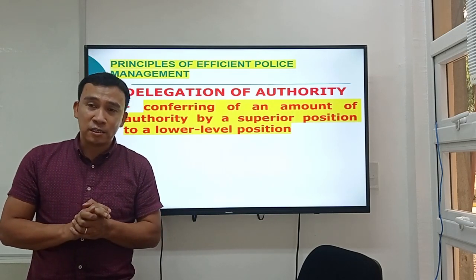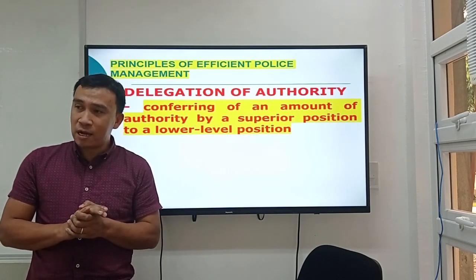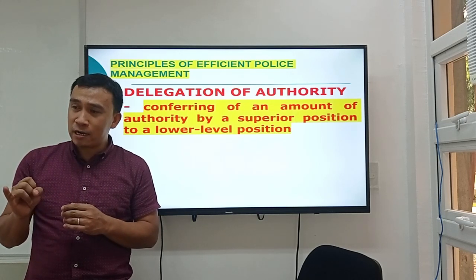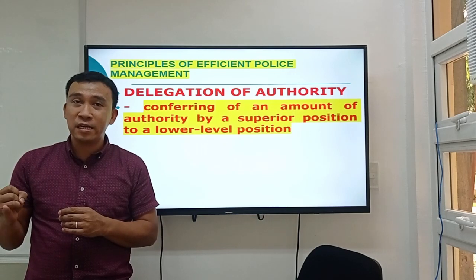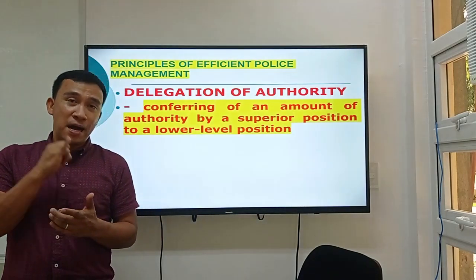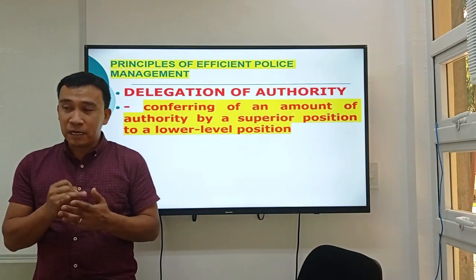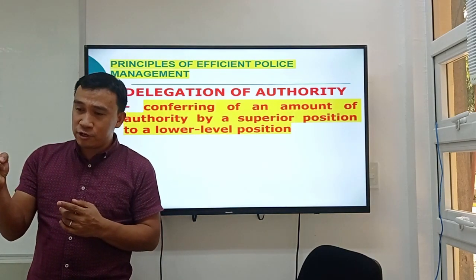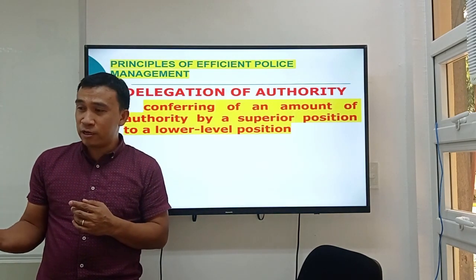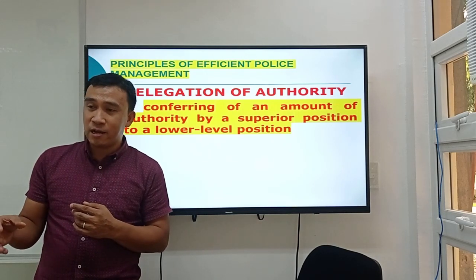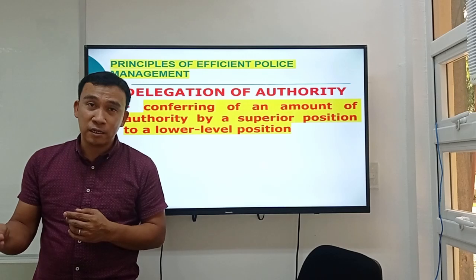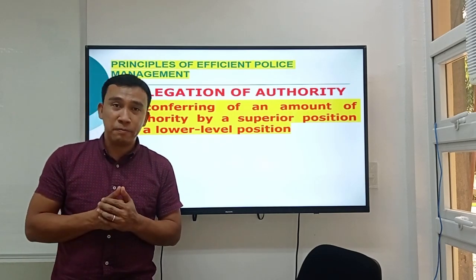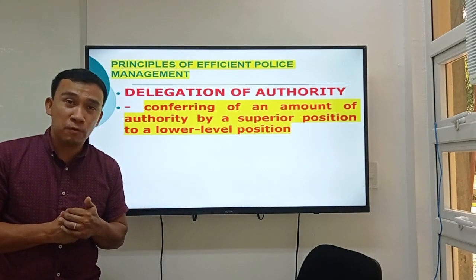But ang sabi ko nga sa inyo, kung ikaw binigyan ng authority, ay meron kang responsibility na kailangan tapusin. But ito ang problema. Pag yan ay nagkaroon ng aberya, ikaw na nagbigay o nag-delegate ng authority doon sa tao, you will be accountable sa kanyang mistake o sa problem na ibinigay niya sa iyong organization.